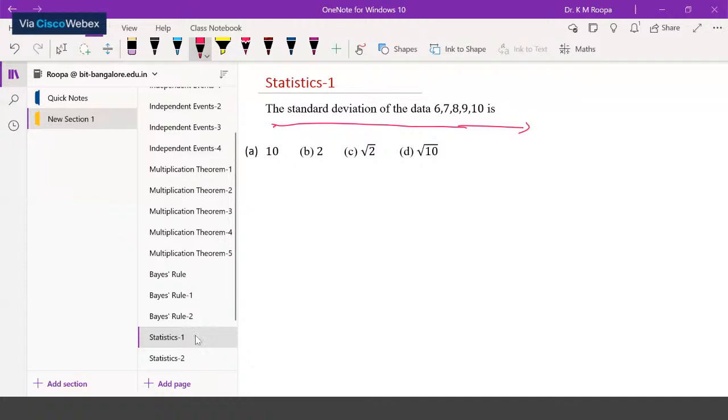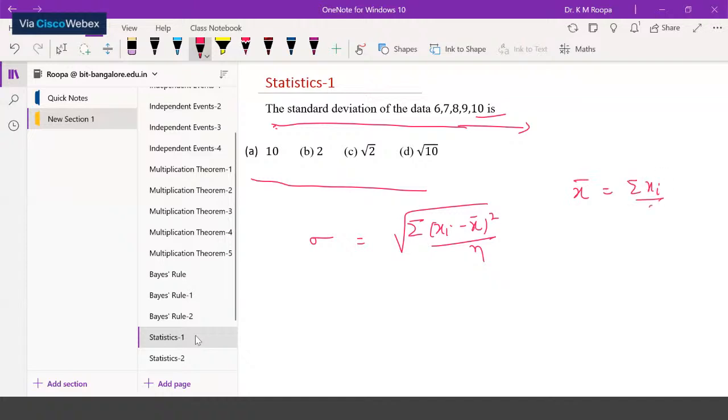You know statistics, even though I'll give a quick glance at the questions, up to 2014; from 2020 I'm covering. Standard deviation of the data. You know the standard deviation formula: square root of sigma xi minus x bar whole square divided by n. Given only data, what is the mean? X bar is the sum of all the values divided by the number of values. Using this, you find the mean.